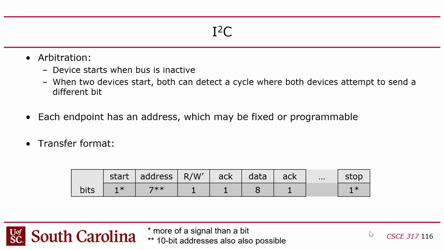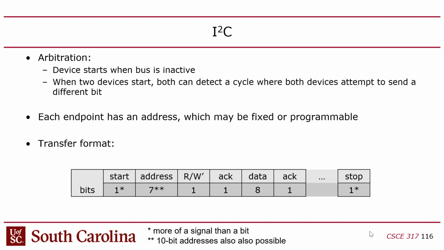Now the presumption is that all of the potential slaves on that bus are monitoring that, and if any of them matches that address, then they will recognize that whoever's got the bus is addressing them, and they will acknowledge. So in total, there's 9 bit slots in this header sequence.